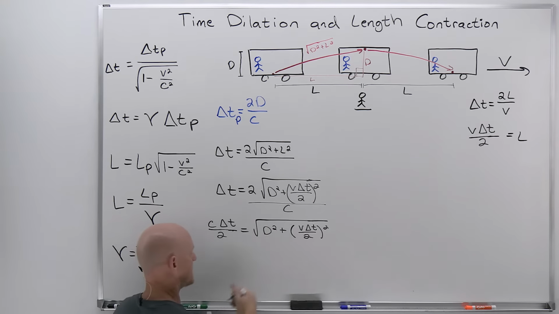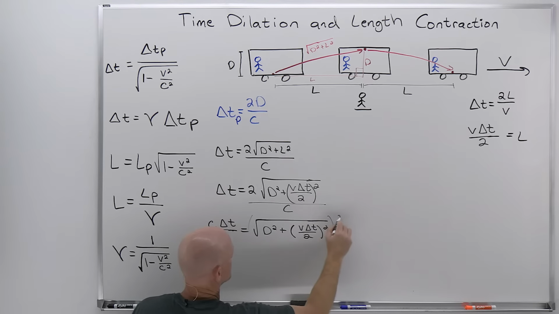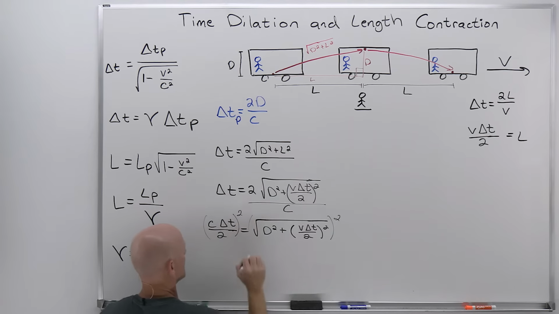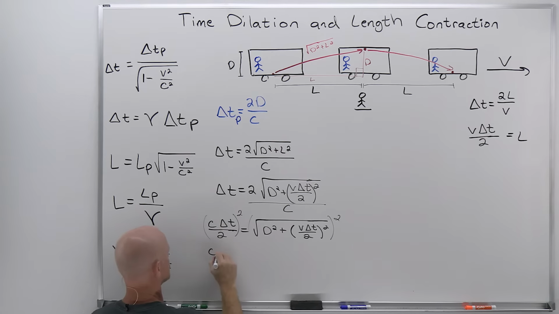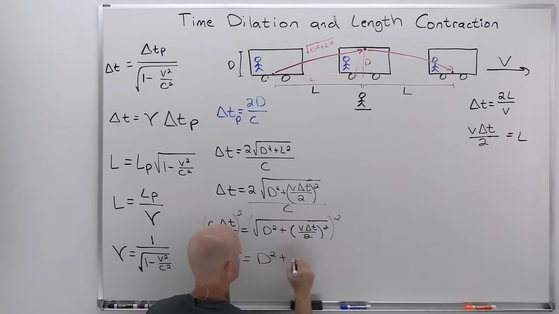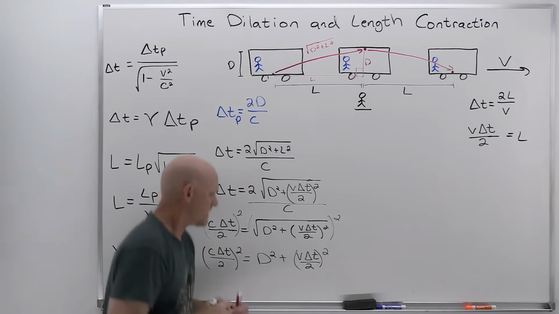And now that I've got the square root by itself, effectively what I'm going to do is square both sides of this equation. Well, when you square a square root, you're just left with what was under the square root. But on this side, we're going to be left with C delta T over 2 quantity squared equaling D squared plus V delta T over 2 quantity squared. All right.